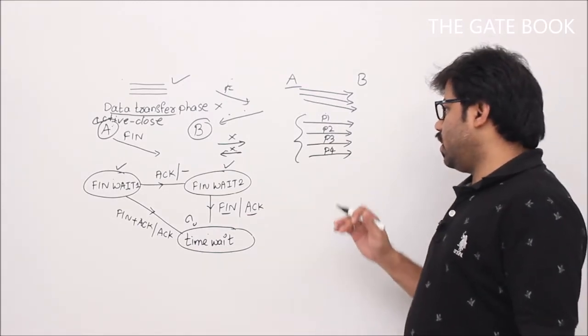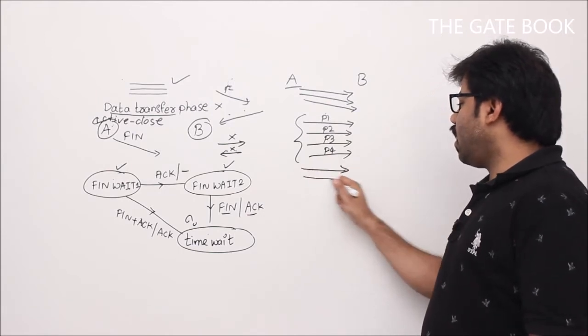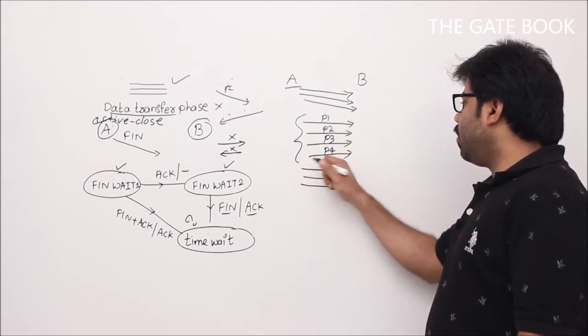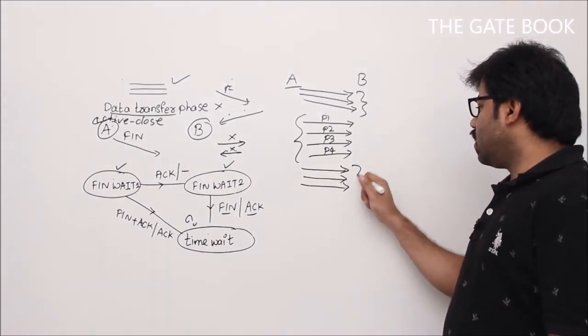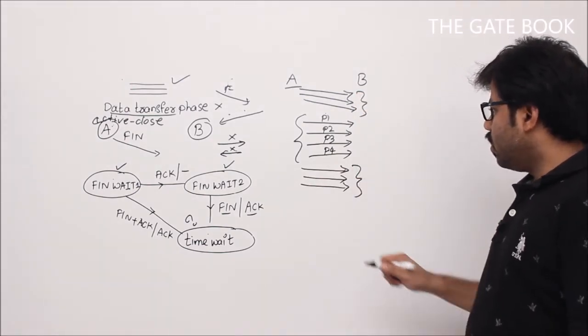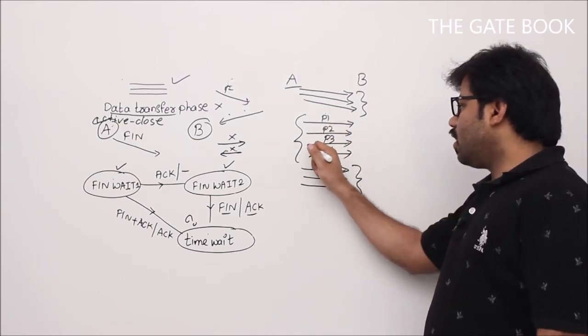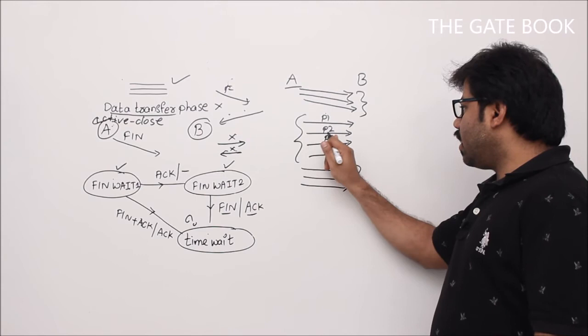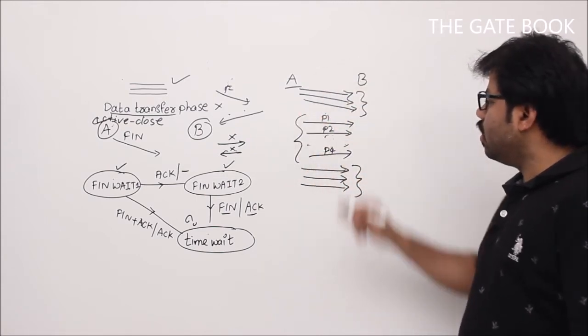But the problem is after closing the connection. Assume that the data transfer is over, and now A and B are closing their connection. This is the establishment of the connection, and this is the closing. Now one of the packets, let's say P3, got delayed, that is, it has not reached B in this connection.